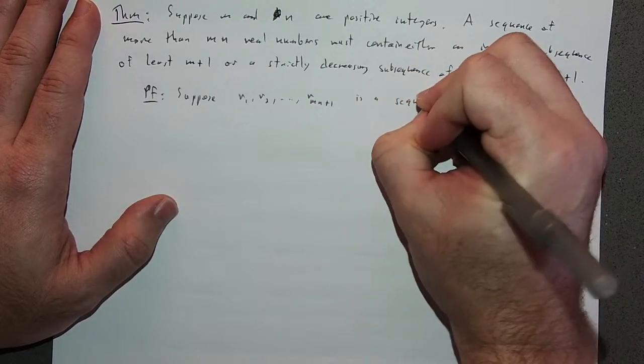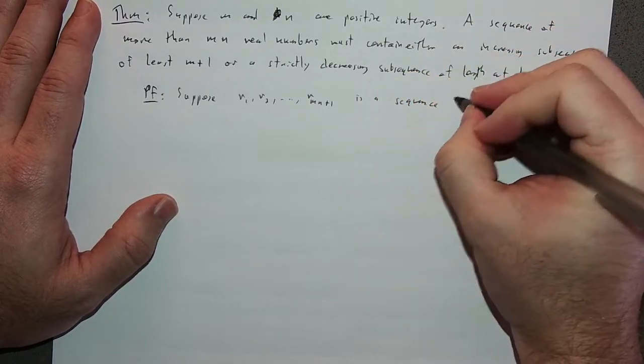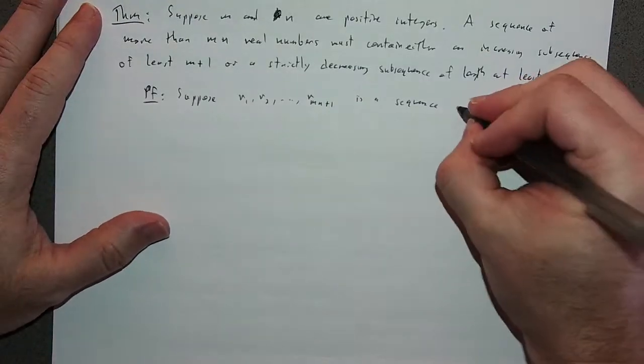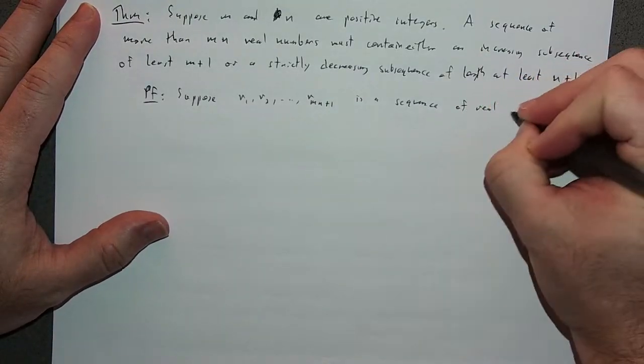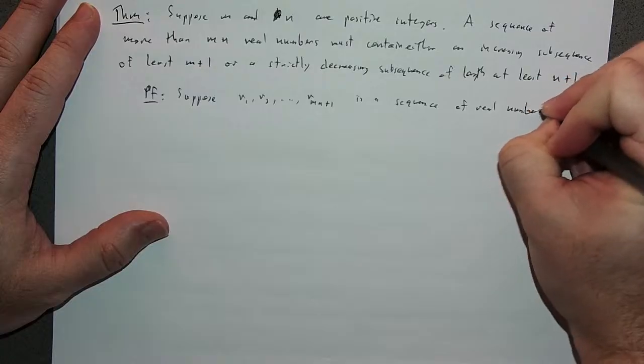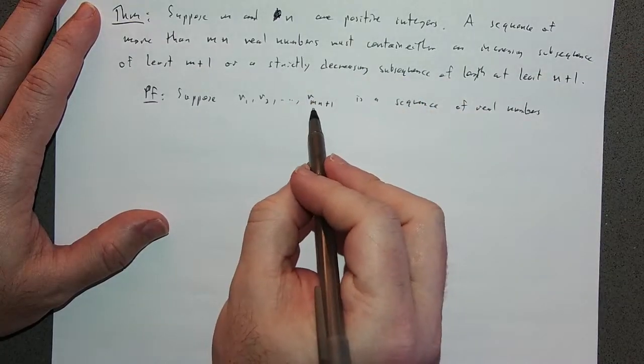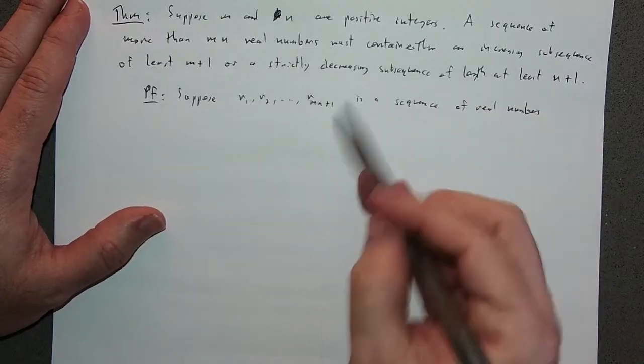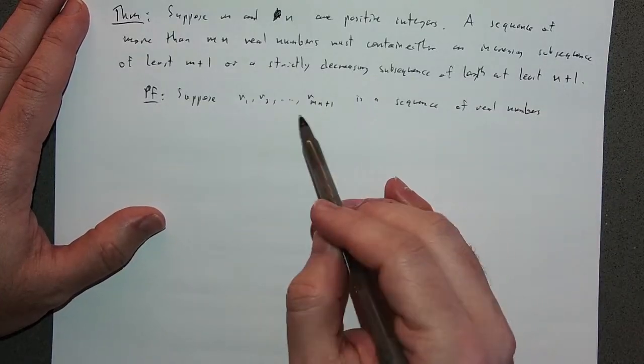I'm supposing not; I'm doing this by contradiction. So this is a sequence of real numbers, and it's more than mn real numbers. I have one more term here, extra.